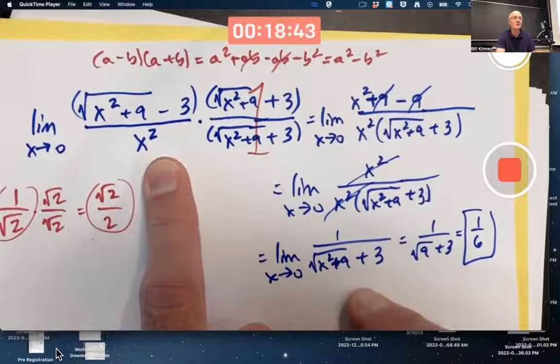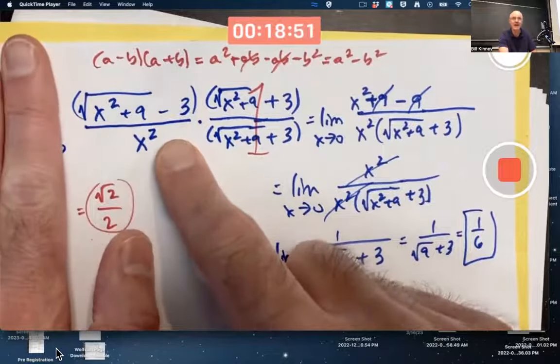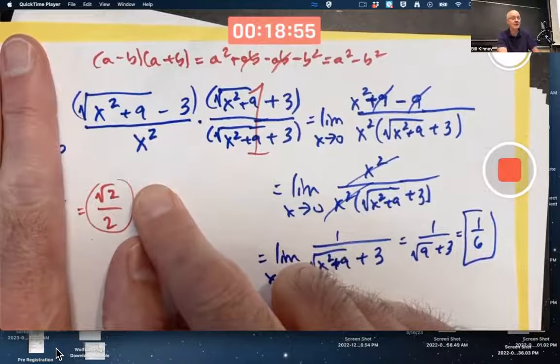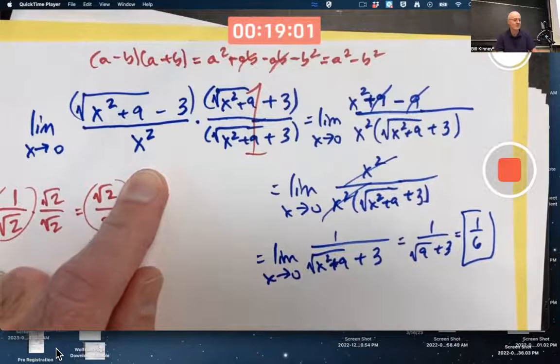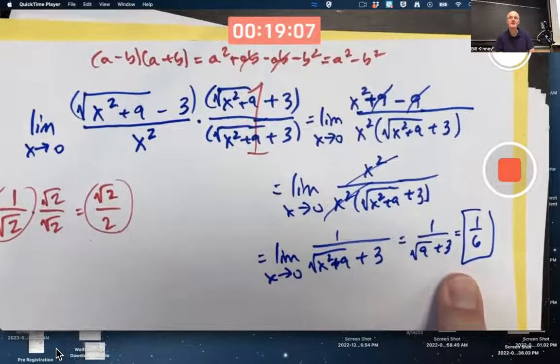It fills in the hole. If I made this original one piecewise and said f of x equals that when x is not 0, and f of x equals 1/6 when x is 0, then they're the exact same function. I filled in the hole. That one's continuous. I can evaluate the limit by substitution. Get an answer of 1/6.